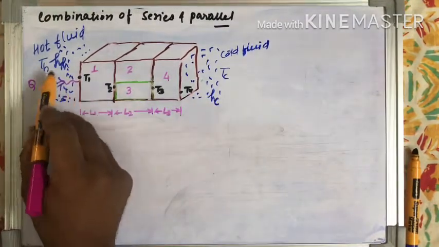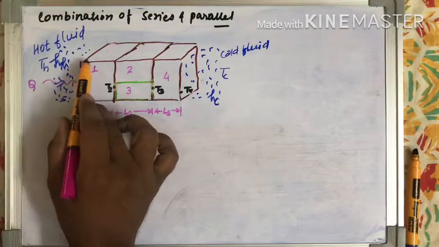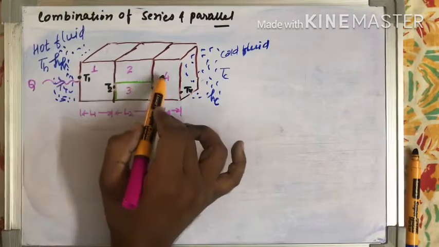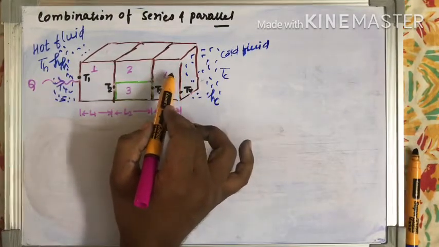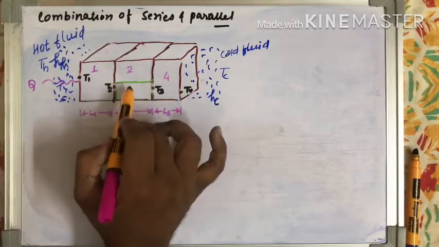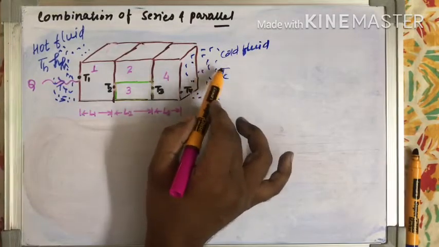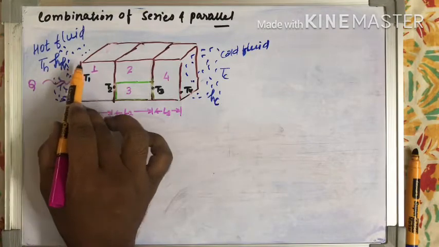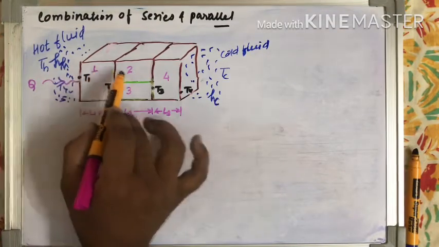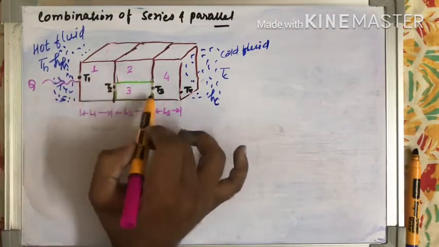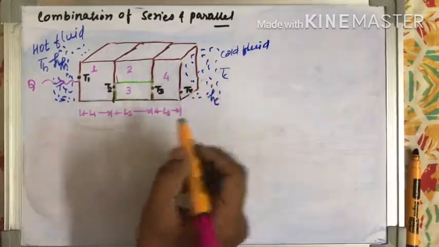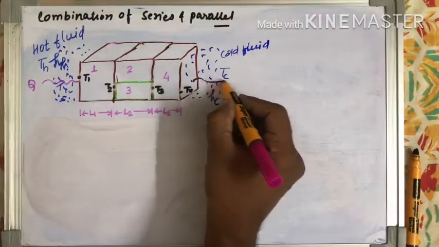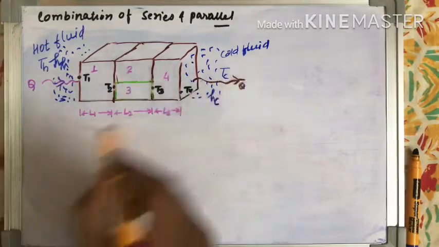You can see that there is a hot fluid, then a solid material, where 1, 2 and 3 are arranged in parallel, and then 4 is arranged in series with respect to 2 and 3, and then again there is a cold fluid. The hot fluid is at high temperature, so TH is greater than T1, then T2, then T3, then T4, and then TC. So heat is flowing from the higher temperature side to the lower temperature side, that is Q.